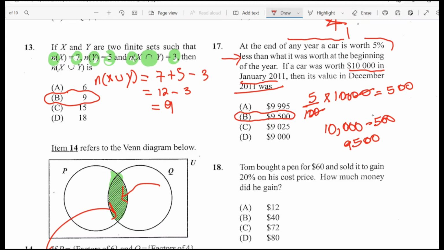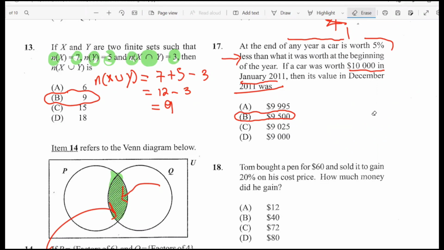Now, what you could do as well is to help yourself go a little faster in these exams. Most questions are set up with a base of 10% as a multiple of the things that you're dealing with. For example, if we have 10,000, 10% of 10,000.